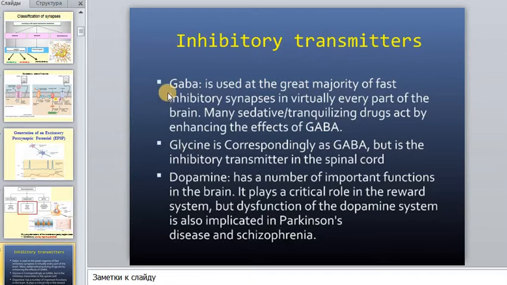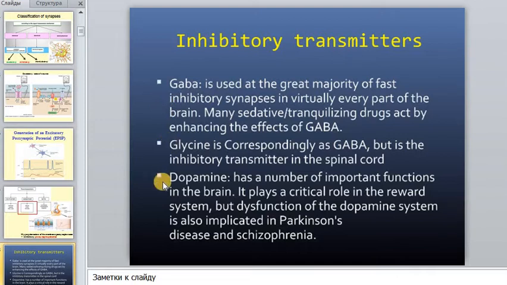Gamma-aminobutyric acid is used at the great majority of fast inhibitory synapses in virtually every part of the brain. Mainly sedative drugs act this way through the synapses.